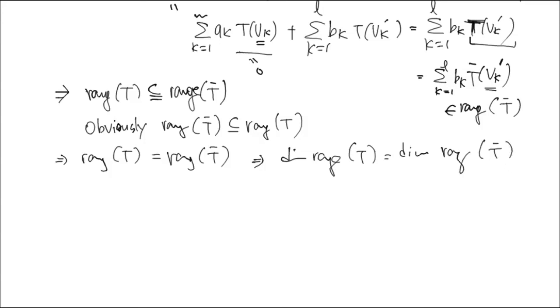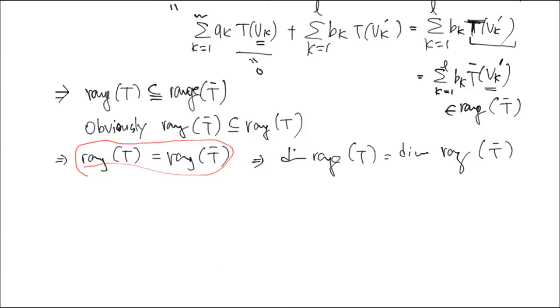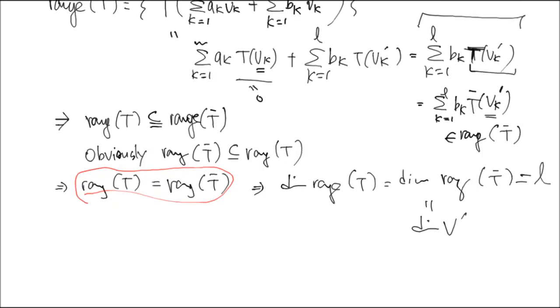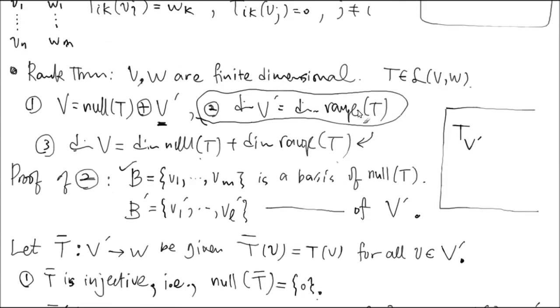But this is a much more important statement than just them having the same dimension, right? Don't you think? This is a lot better result. So going back, this concludes the proof actually. So that was L, remember? They remain independent. So that was the dimension of V prime, that L. So therefore that proves the statement part 2 there. Okay?